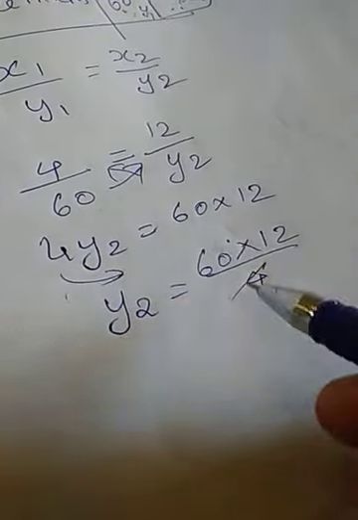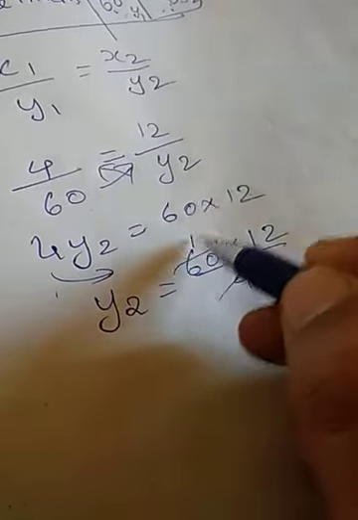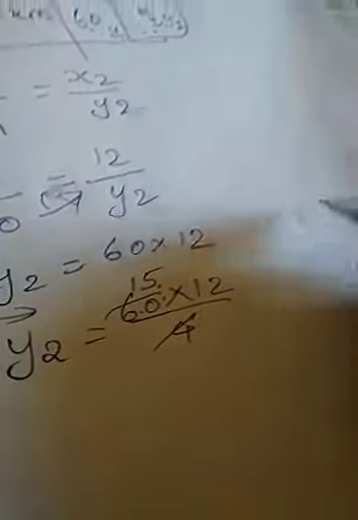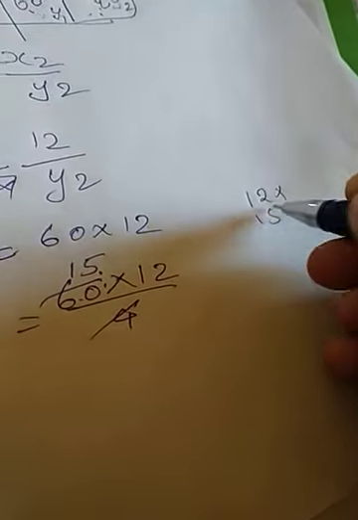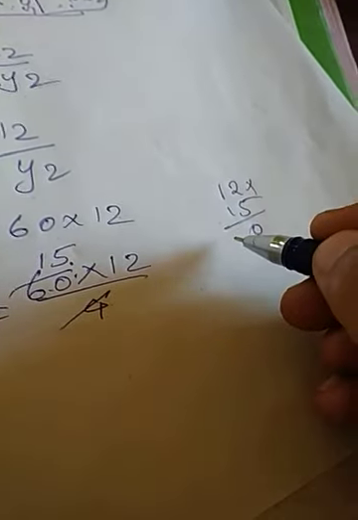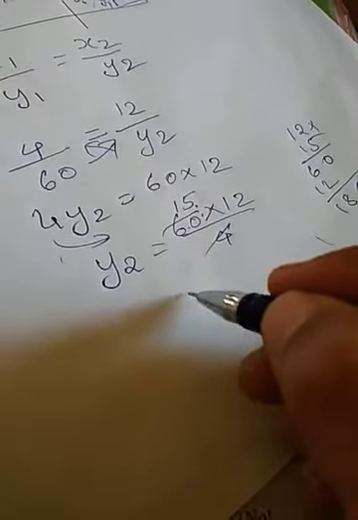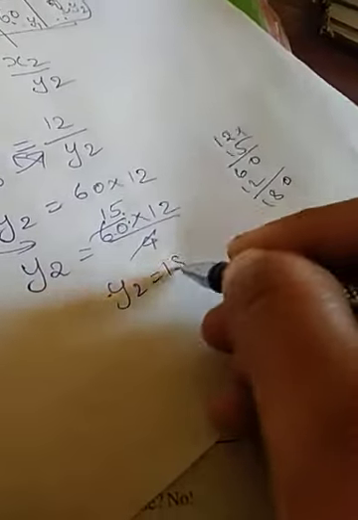15 times 4 is 60. Now 15 into 12 multiply. This is the answer, 12 into 15, so 180 kilometers. So y2 value is 180.